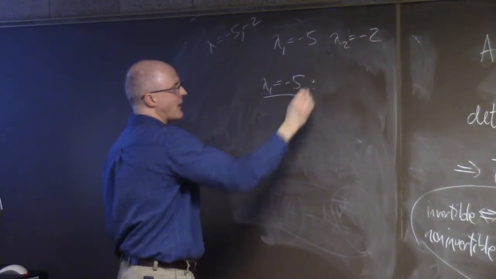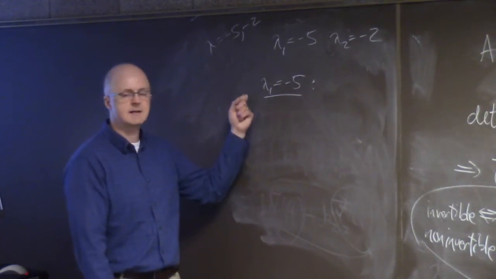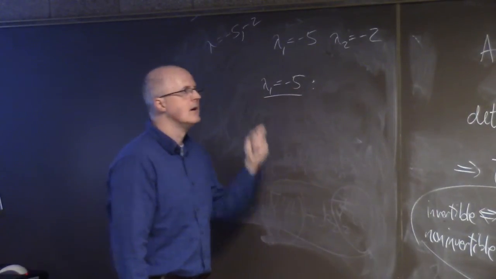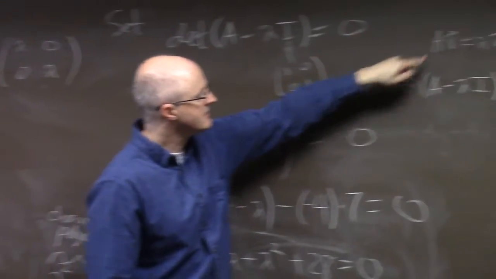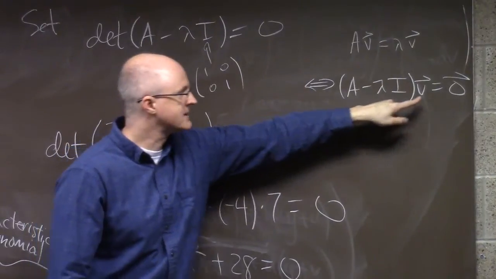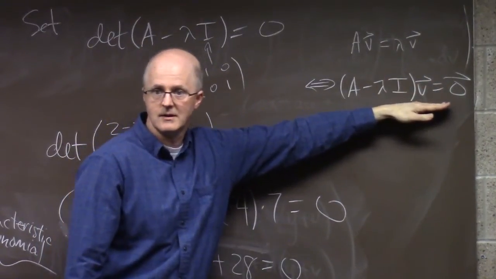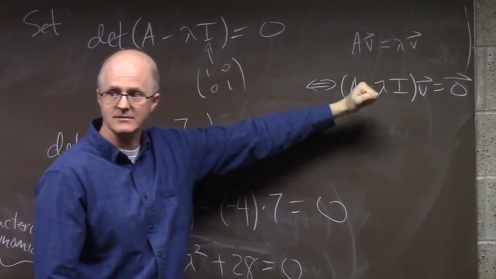If we've done things right, if we haven't made any mistakes, we should be able to find eigenvectors corresponding to these eigenvalues. Non-zero vectors that solve either of these equations. This one's the easier one to think about because you have 0 on the right-hand side. It's a homogeneous equation. Not a homogeneous differential equation, a homogeneous algebra equation.